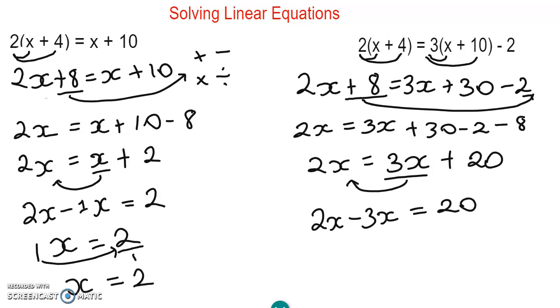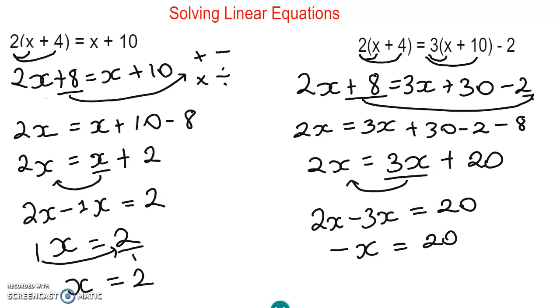And now we can just go ahead and do this calculation, which is 2x minus 3x, which equals minus 1x. But like I said, in algebra, we don't normally put the 1 in front of the x, but we know that it's minus 1x. So we've got minus x equals 20.